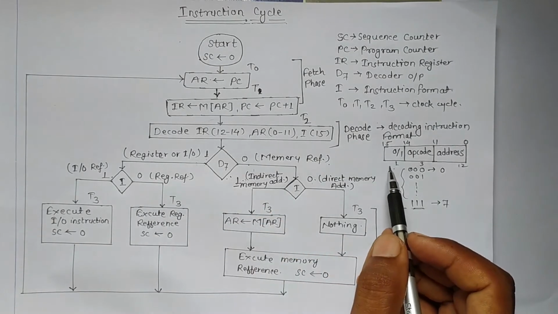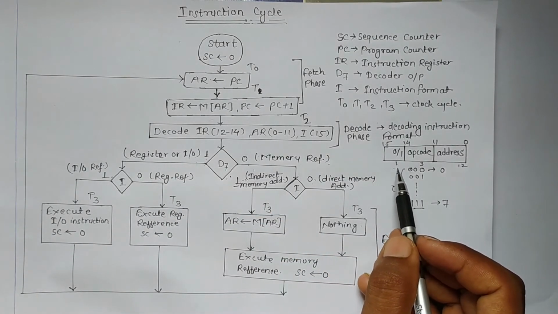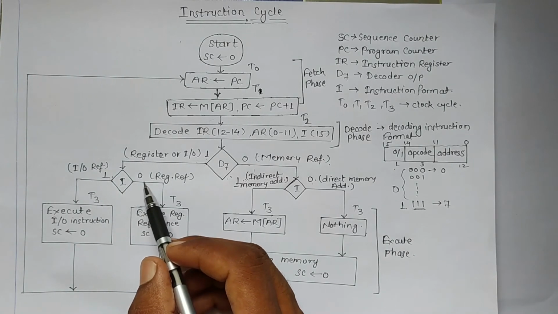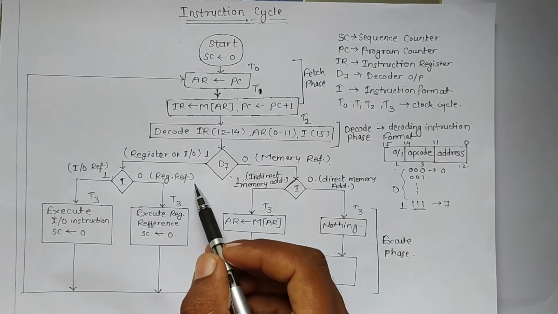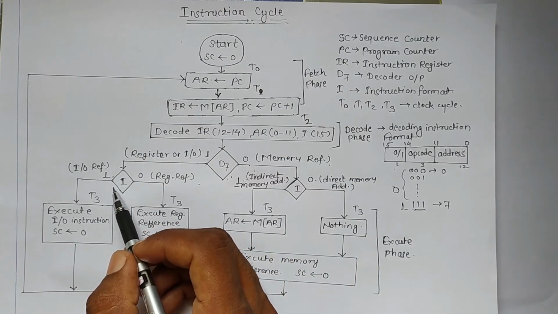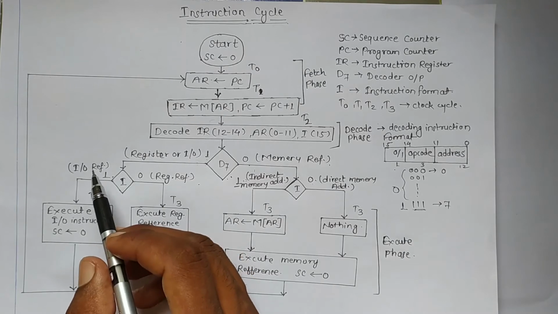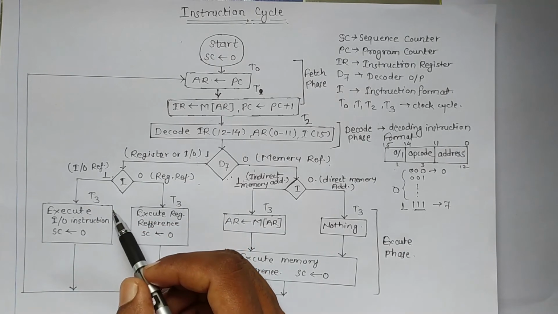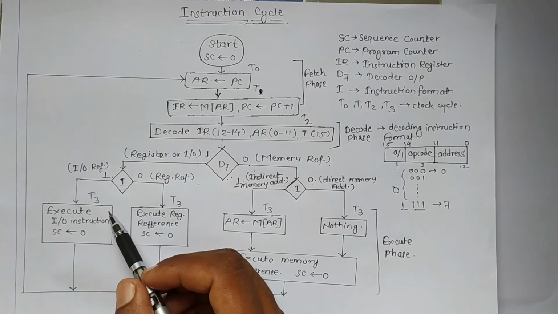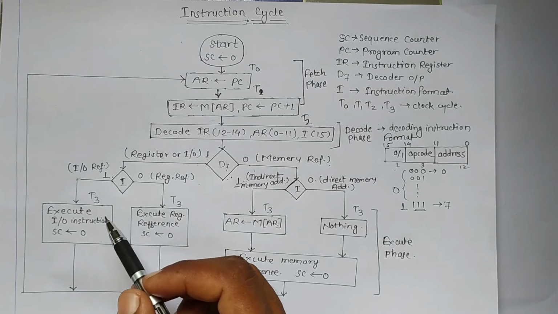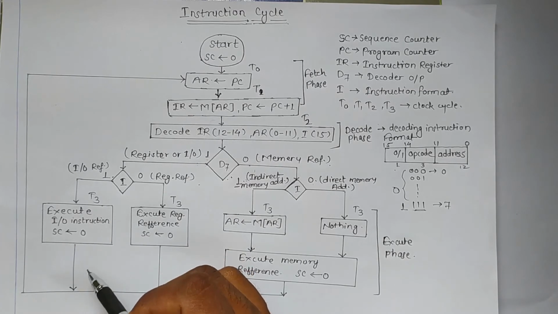If the addressing mode bit is 1, then it is input output reference, or if it is 0, then it is register reference. Let the value of the addressing mode be 1, then it is input output reference. Then at the T3 clock cycle, the microprocessor executes the IO instruction, and after the execution, the sequence counter is initialized to 0.